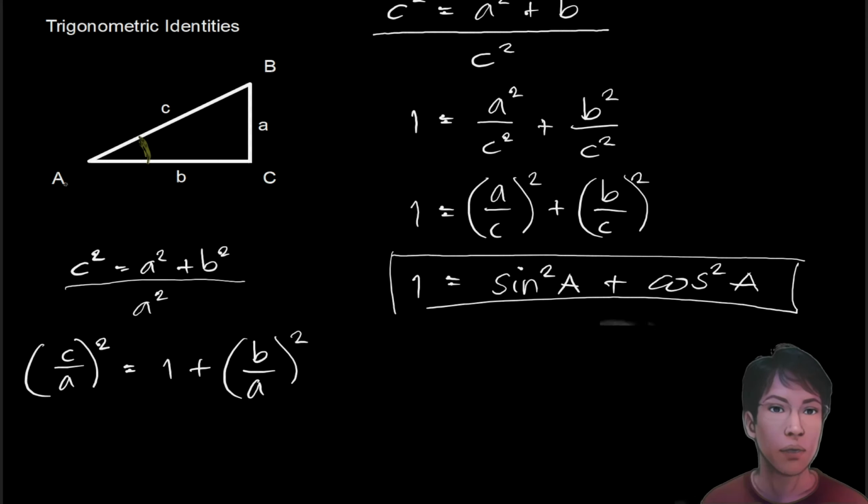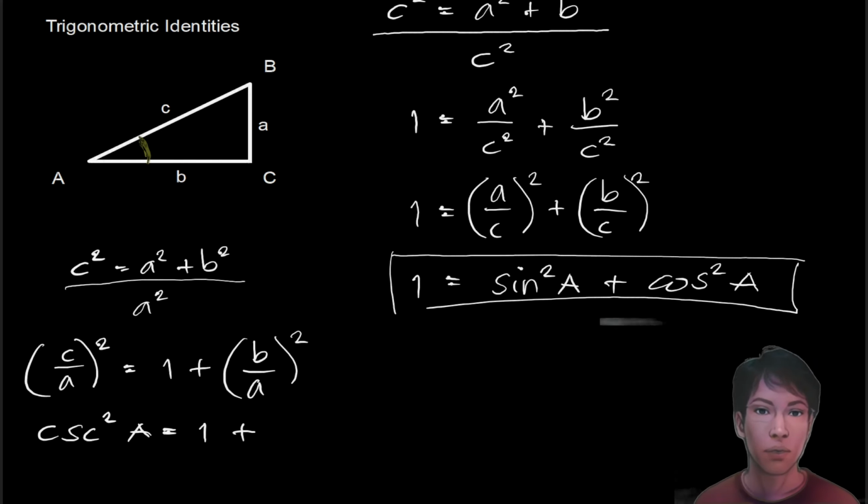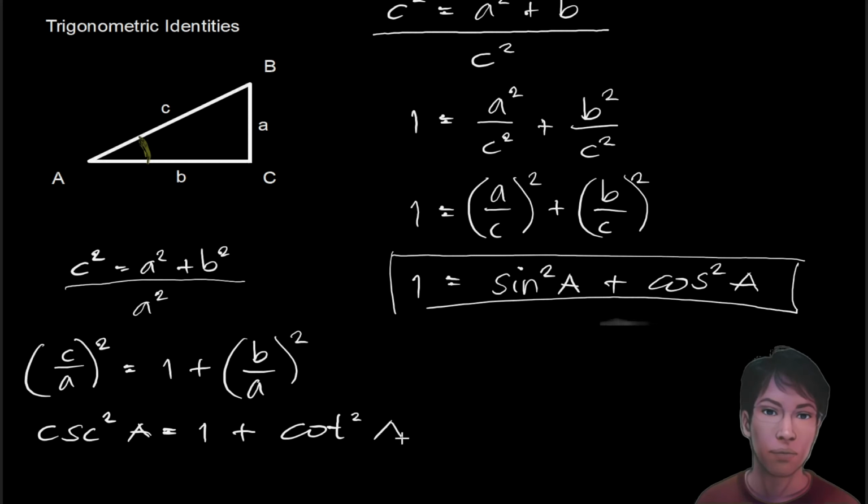Considering angle A, A over C is sine, so the inverse, C over A, is cosecant. So cosecant squared A is equivalent to 1 plus B over A. From this angle, A over B is tangent, so the reciprocal is cotangent. So cosecant squared A equals 1 plus cotangent squared A.